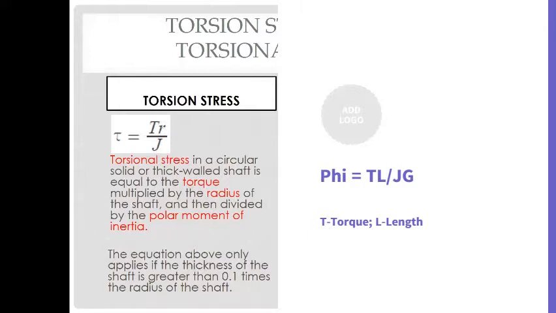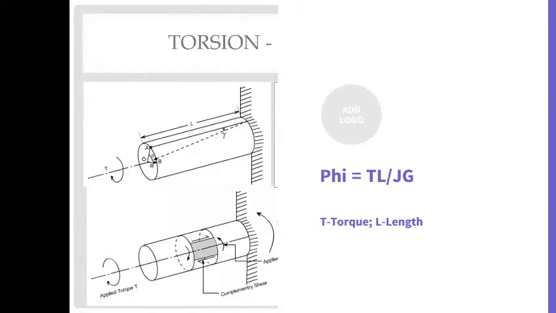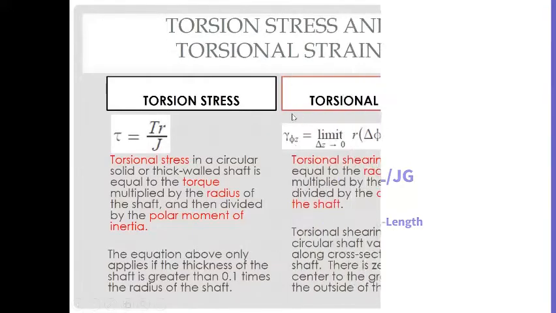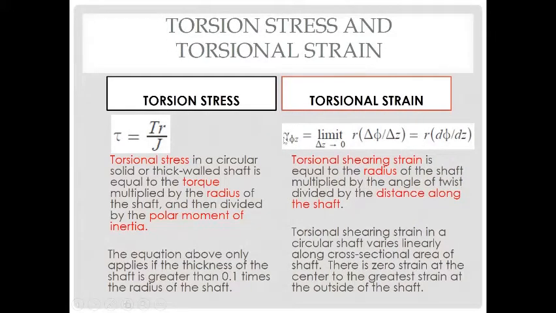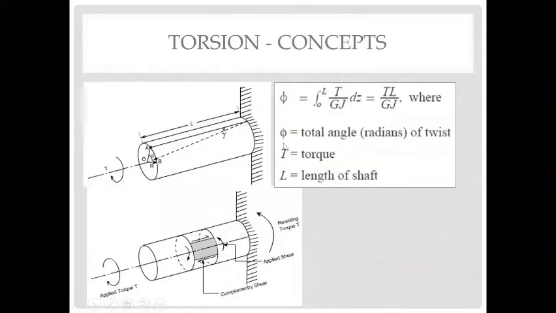If you also want to look at torsional strain, it's given by this parameter here, gamma, right? So if I go back to this diagram, you see this shaft is fixed at this end, and a torque was applied to this end.